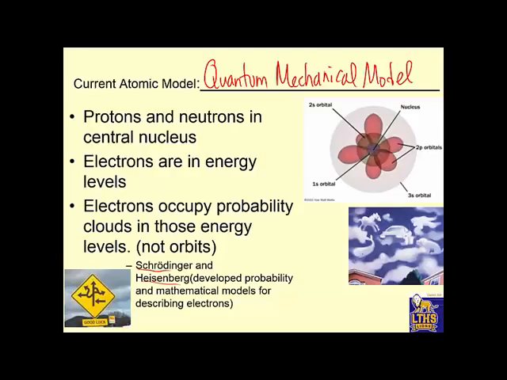They're not in orbits. They're in probability clouds called orbitals. There are energy levels. Electrons have different energies, and those electrons can exist in certain energy areas called electron orbitals. That's what we think atoms currently look like.